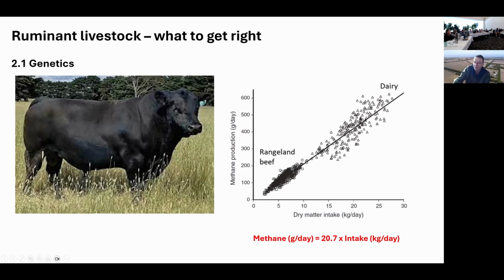So I think relatively soon, in fact, you can get some breeding catalogues or sale catalogues now where they are actually advertising that these are low emission animals. Biggest problem is they have very little accuracy, because we don't have a big enough data set on them at the moment.